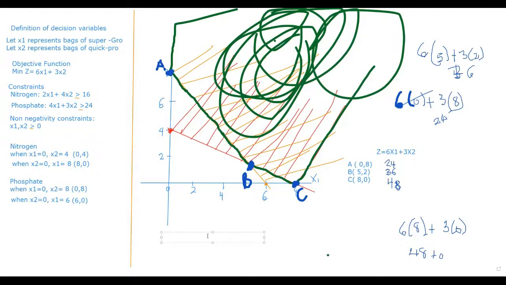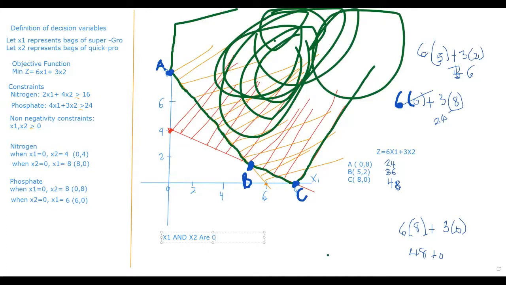So here, the answer for x1 and x2, the least one is 24, right? So x1 is 0, x2 is 8.